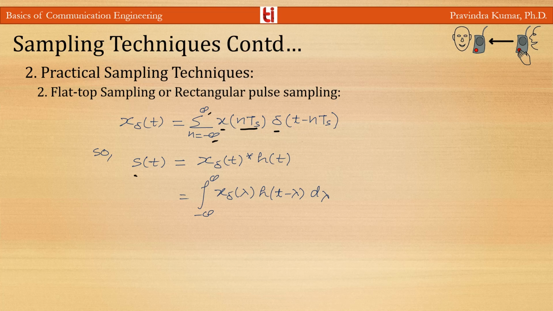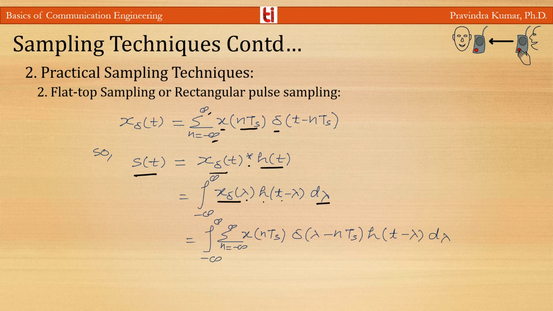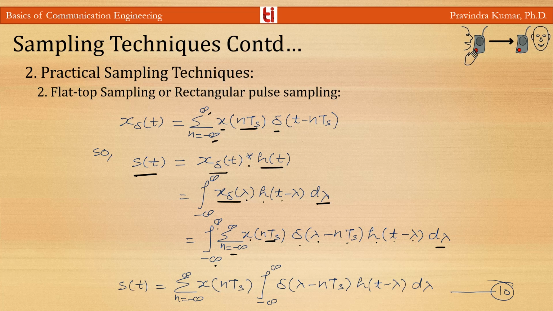So the flat top sampled signal s(t) will be x_delta(t) convolved with h(t), or we can write it as the integral of x_delta(lambda) h(t minus lambda) d lambda, or as the integral from minus infinity to infinity of the summation over n of x(nTs) delta(lambda minus nTs) h(t minus lambda) d lambda, or as s(t) equal to the summation of x(nTs) times the integral from minus infinity to infinity of delta(lambda minus nTs) h(t minus lambda) d lambda.